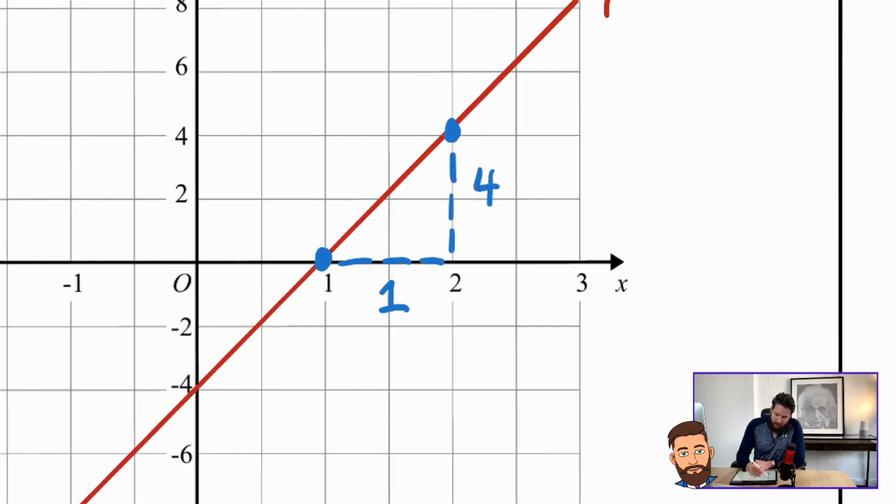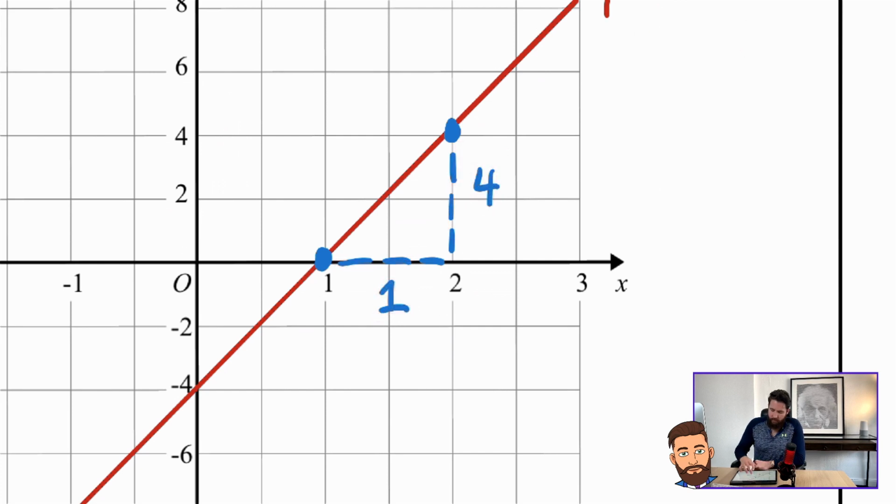Because every square is worth 2 units, so it's 4 up. And that changes the answer massively, okay? The answer will be changed so much by making sure that our scale is being used correctly. This is not 2 across and 2 up. It is 1 across and 4 up because of the scale.